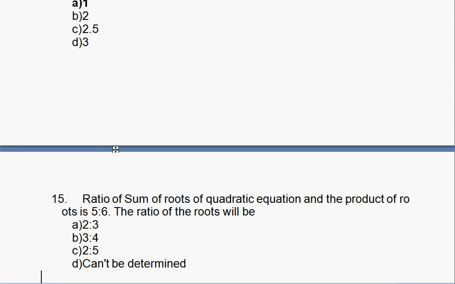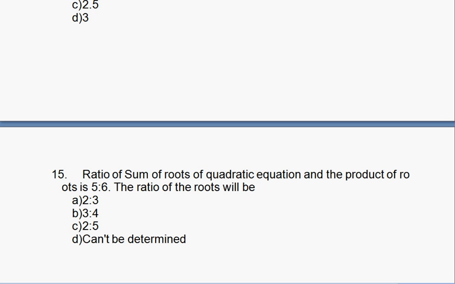Next question says, ratio of sum of roots of quadratic equation and the product of roots is 5:6. The ratio of the roots would be, let's see, so the sum of the roots is, let's say 5a, right? The product of the roots would be 6a. Can we construct a quadratic equation through it?